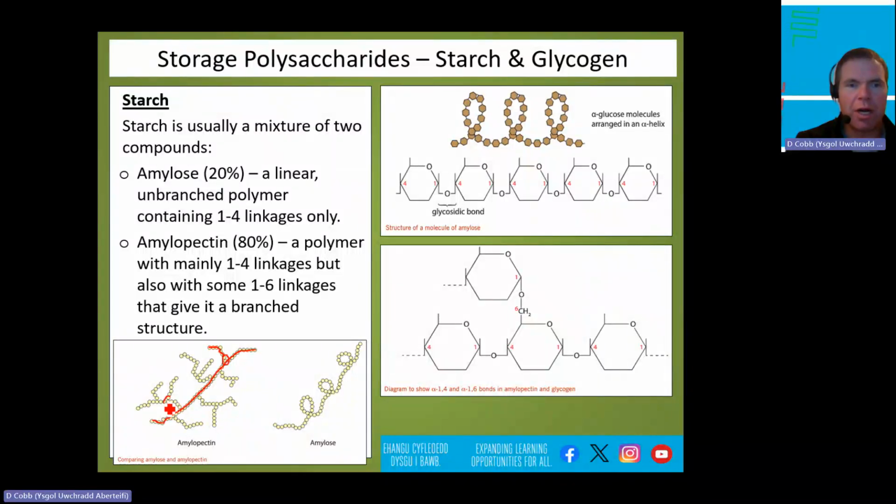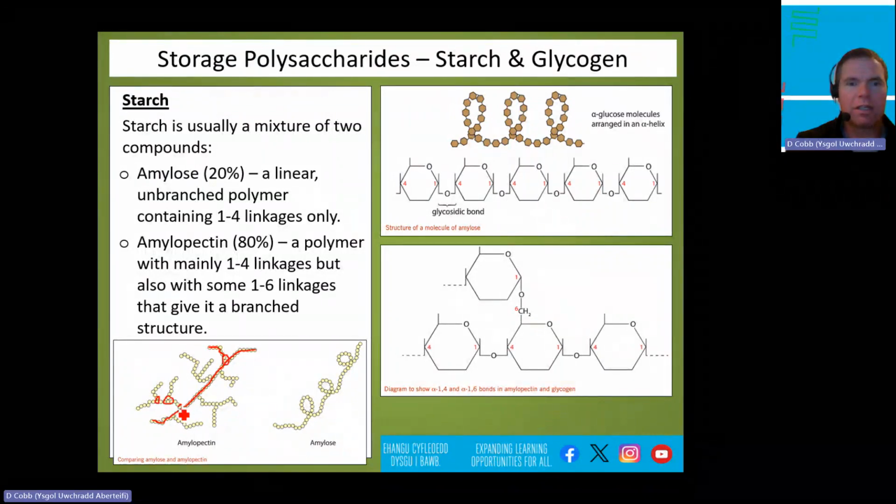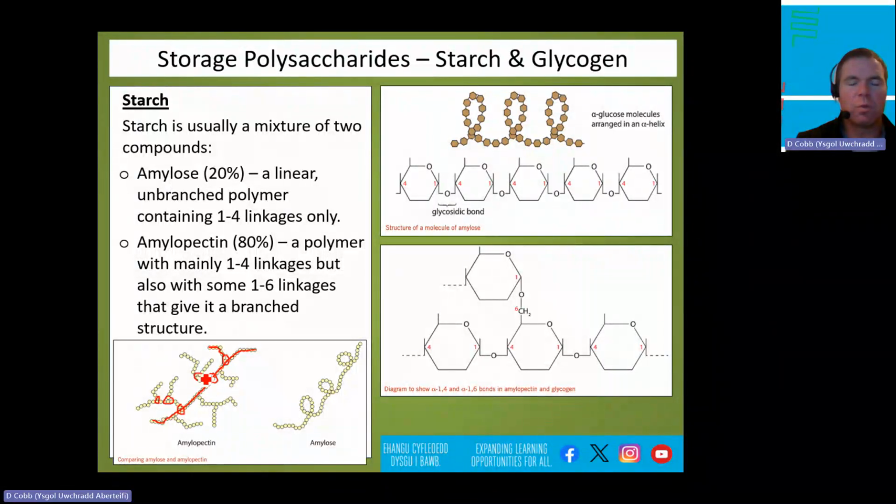Anytime you see a branch, it's a single 1,6 glycosidic bond. You see, amylose doesn't have that. It's just a linear molecule that is coiled. We'll come back to that. There's no branches on there, so we say it's linear, as opposed to the branches we're seeing on amylopectin.